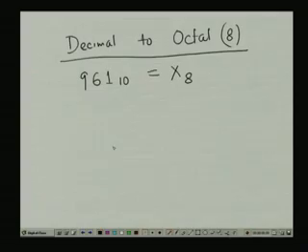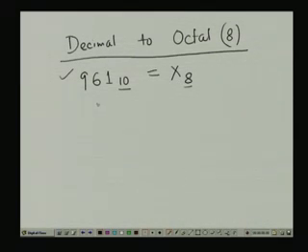Now we see how we can convert decimal to octal. Decimal means the base is 10 and octal means the base is 8. So if I take an example, say 961, what will it be in octal, where the base is 8? What was our general rule?